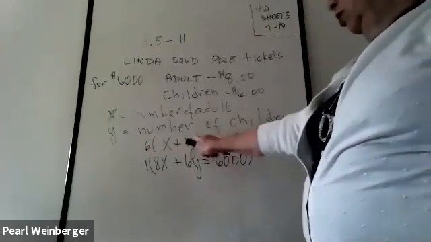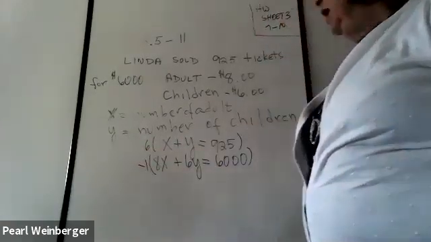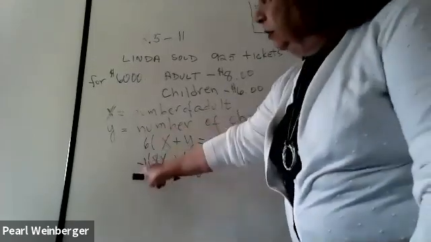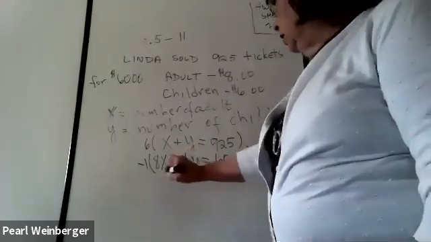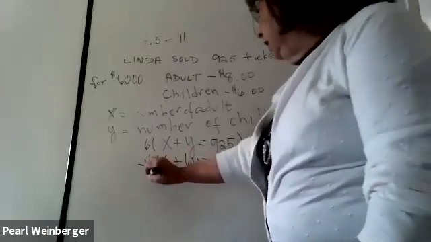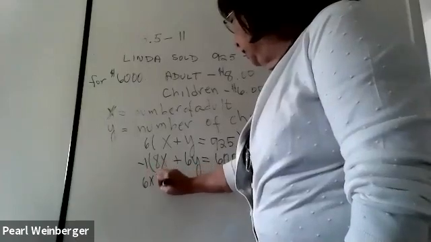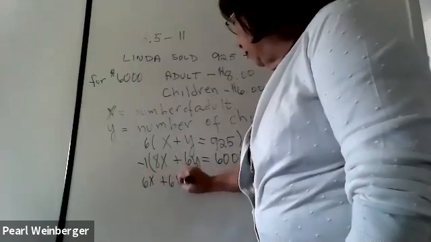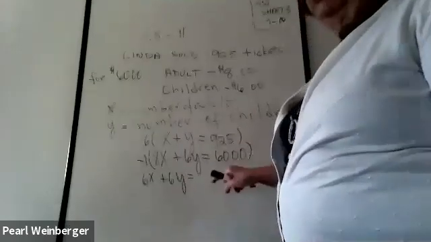Making sure, oh, these are both positive, so I'm going to have to use a negative with one of them. And it doesn't matter if I put the negative with the bottom or the top. If I do that, my top equation becomes 6x plus 6y. Okay, now I have to multiply 6 times 925.